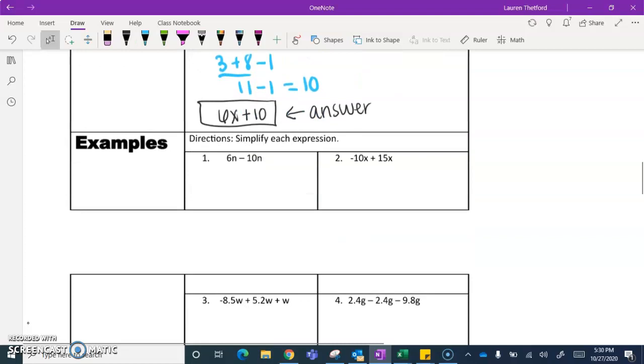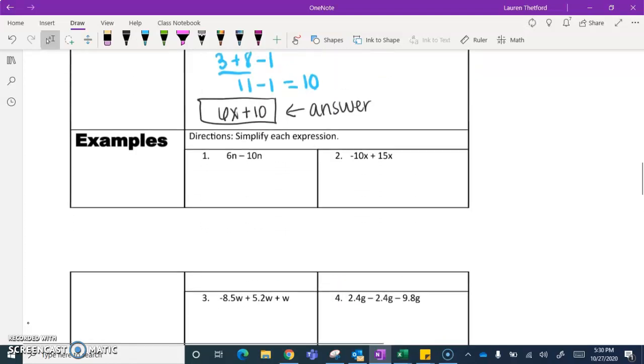So let's look at a few more examples. Again, we are going to simplify the expression. In this case, when I box and circle, both terms have an n on it, so those are already like terms. We're just going to do 6n minus 10n.